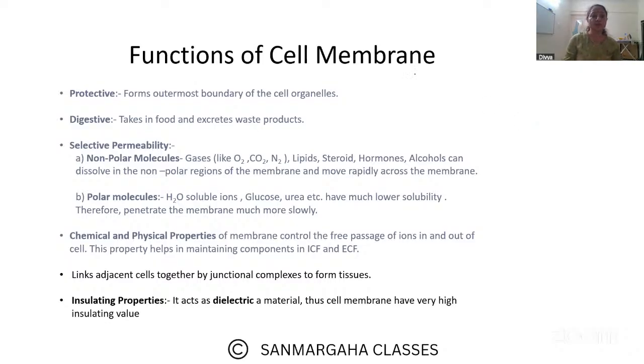Then it also is digestive in nature. That means it takes in food and excretes the waste products. We have seen the membrane bound proteins, so through those channels, it takes in food and excretes the waste products out.